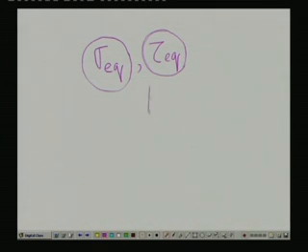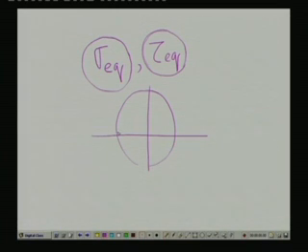From the tau equivalent and sigma equivalent, a Mohr's circle can be drawn, from which we can get the values of sigma 1 and sigma 2.